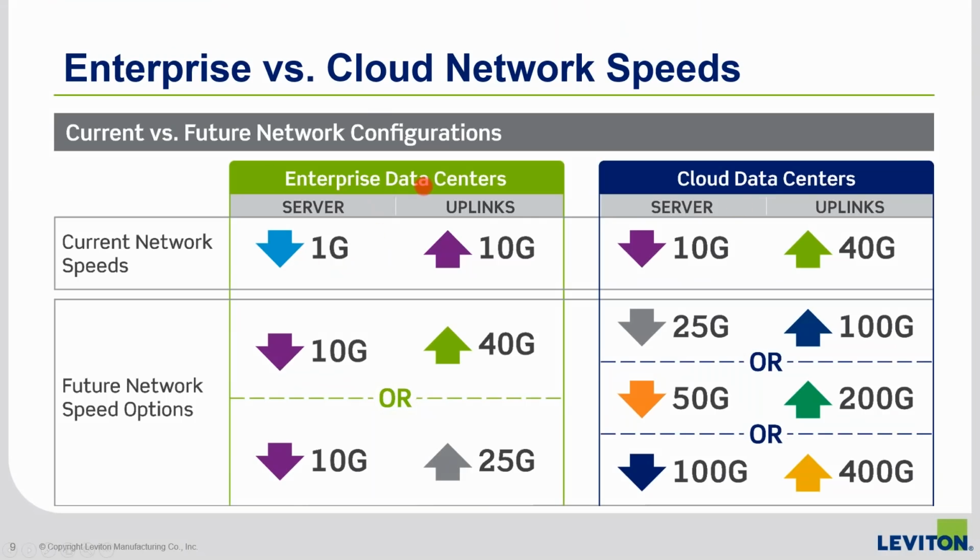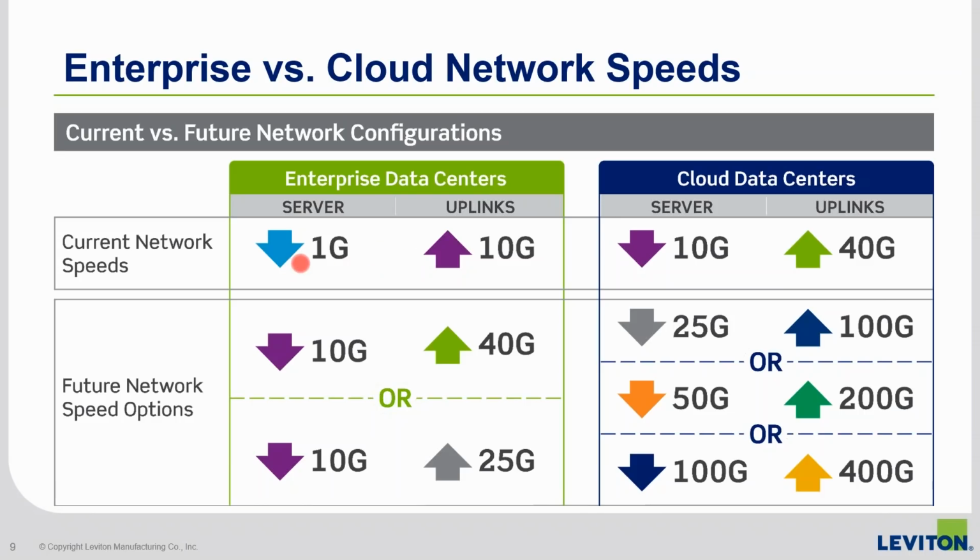On the enterprise side, on the left, the first row is the current speeds that most users are at, and below it are the likely options that they're migrating to as they move forward. To back up one thing, what this really talks about is how the applications are different within the enterprise and data center, and that means the solutions for those are likely different as well.